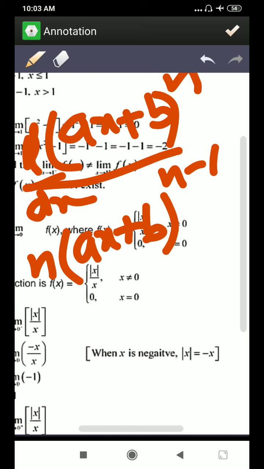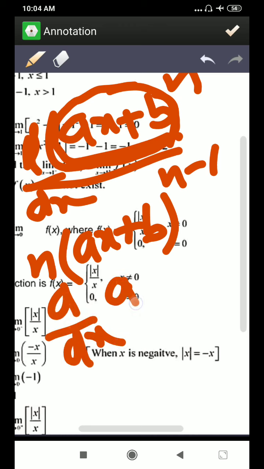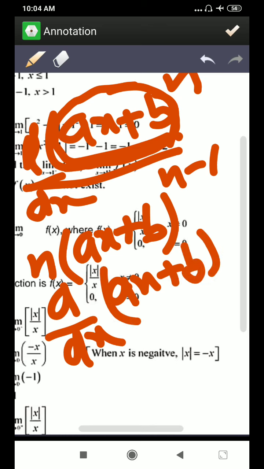Now you see, in this, in place of x, what is given? This whole term is given. I am applying the formula of x raised to power n, but in place of x, what is given? ax plus b. So following that, you have to also differentiate ax plus b. What will be the differentiation of ax plus b? First we differentiate ax: a as it is, the derivative of x is 1.